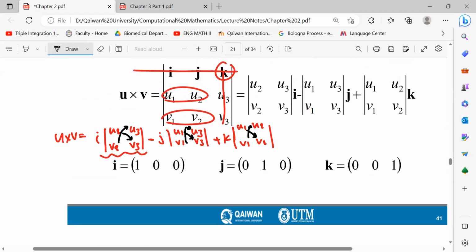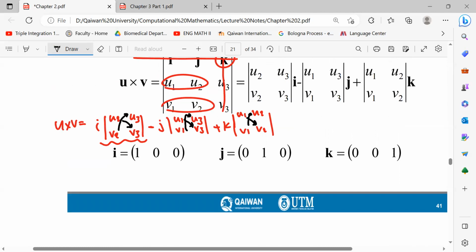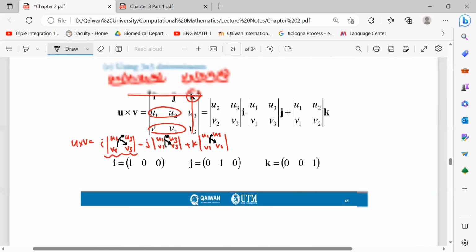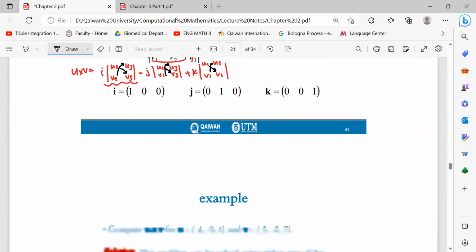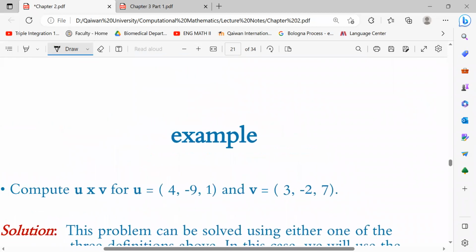Here you have these 2 vectors. It says if U and V are those 2 vectors, find the cross product of them. How to find it?